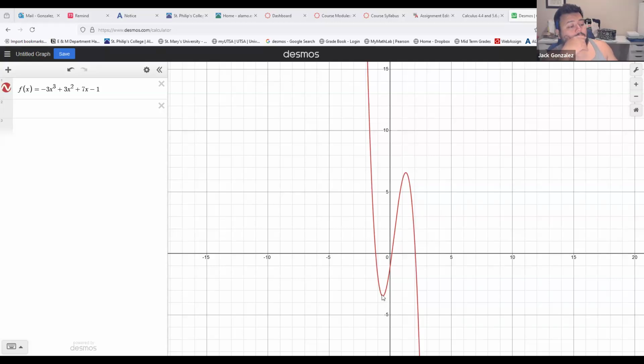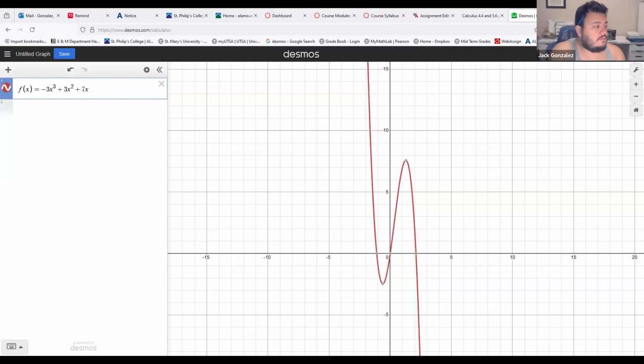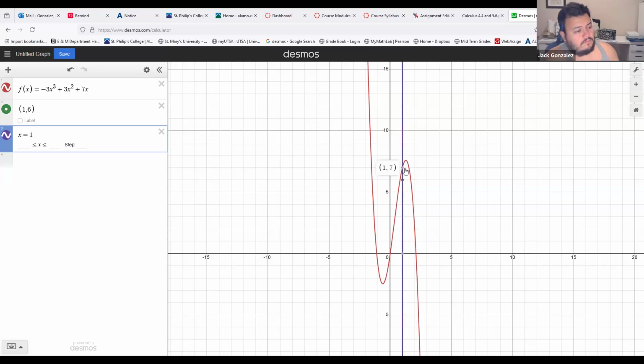So notice, we don't need the max and mins, but what was the inflection point? Right here, x equals 1.